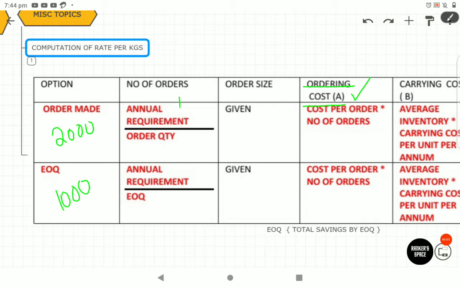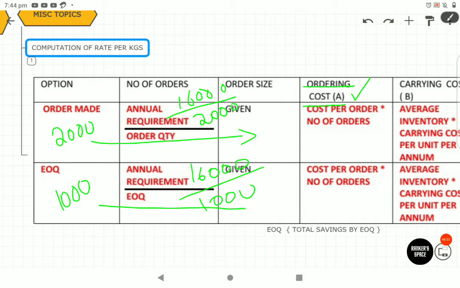Say the annual requirement is 16,000 units, you will divide it by 2,000. Here also 16,000 divided by 1,000. So you will find out the number of orders. Then order size is the same as this column. So first is the option, number of orders, then order size. What is the size of the order?